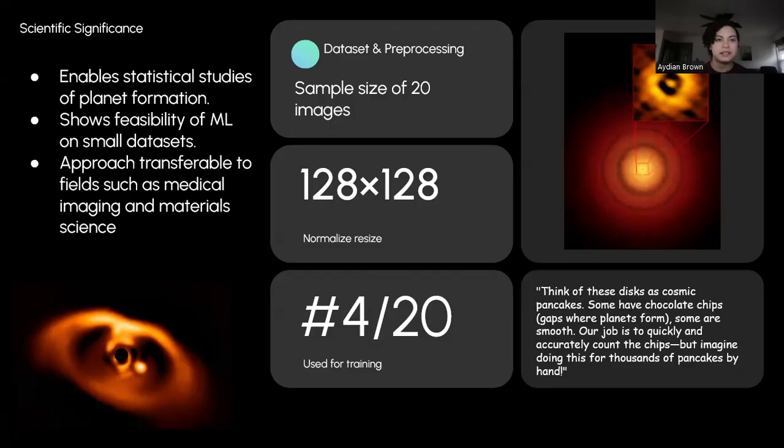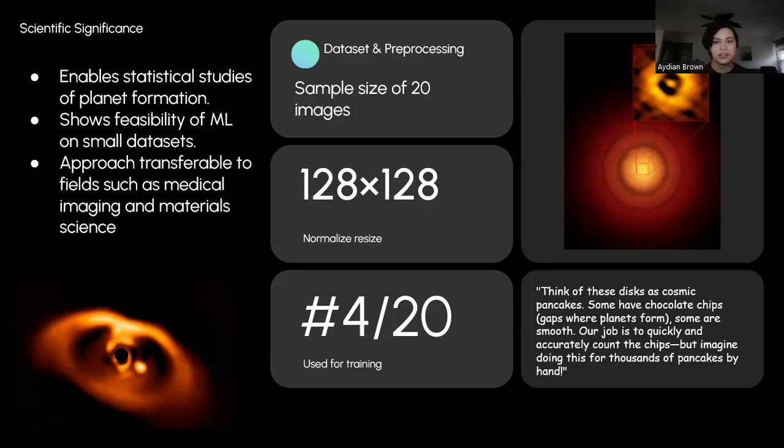The dataset consists of 20 high-resolution ALMA continuum images. Each image was reduced to a 2D intensity map, normalized to its maximum flux, and resized to 128 by 128 pixels to standardize the input for the CNN. We also averaged the radial profiles to summarize the brightness as a function of radius, capturing the structural information.